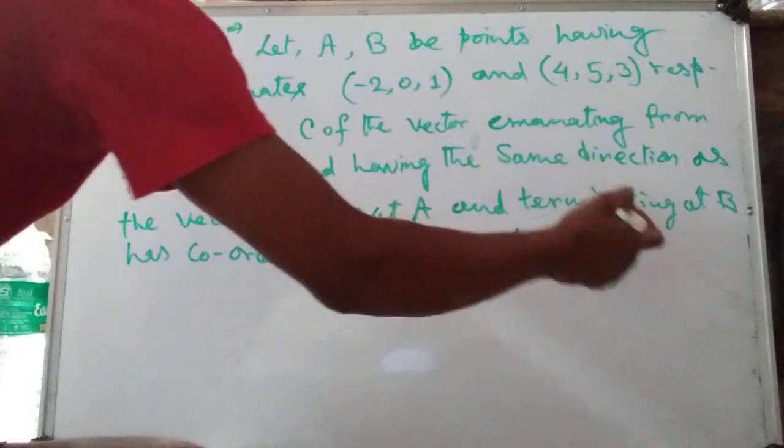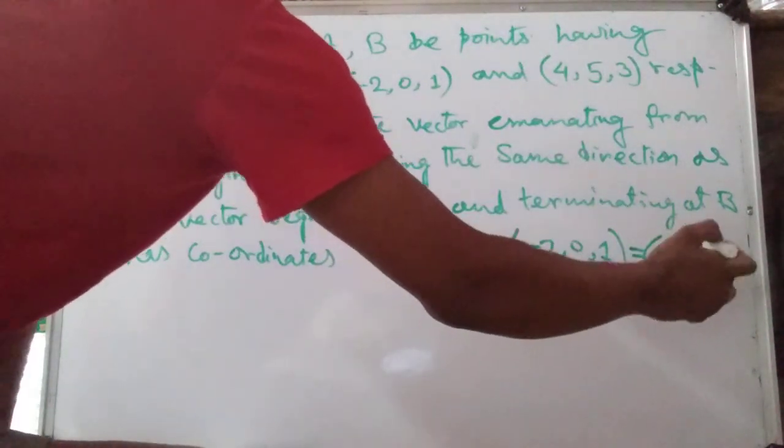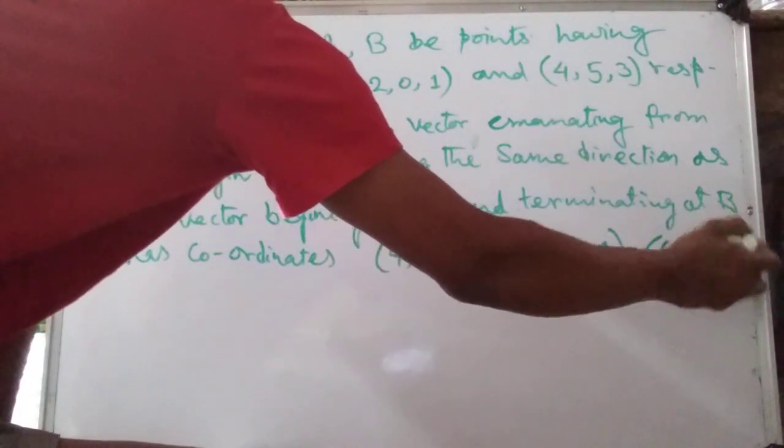That means these two coordinate difference equal to (6, 5, 2).